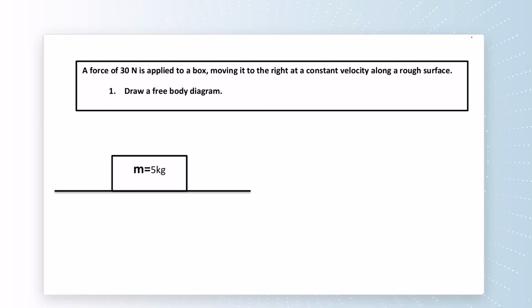A force of 30 Newton is applied to a box, so we know there's an applied force, moving it to the right at a constant velocity along a rough surface. Rough surface, we know there's frictional force. They said along a rough surface, again, the surface part tells us there's a normal force.